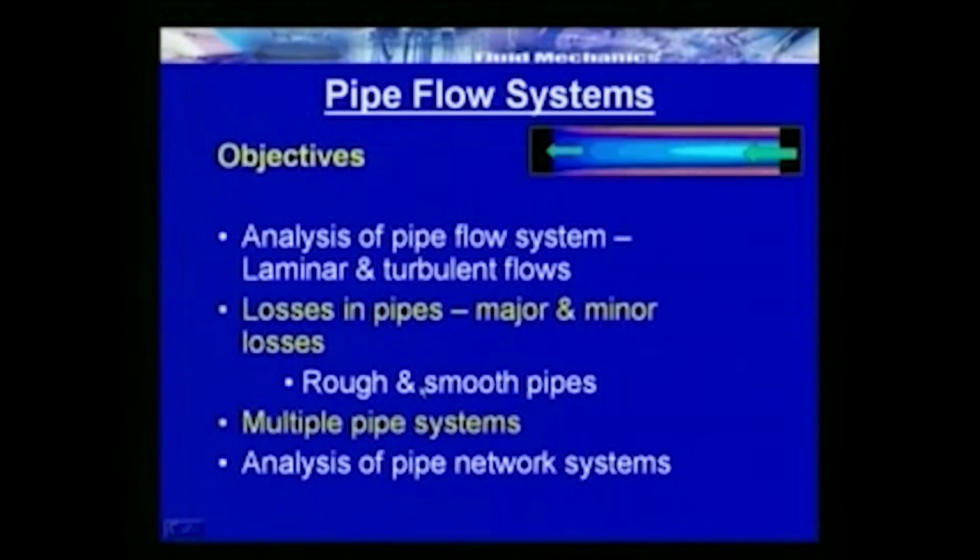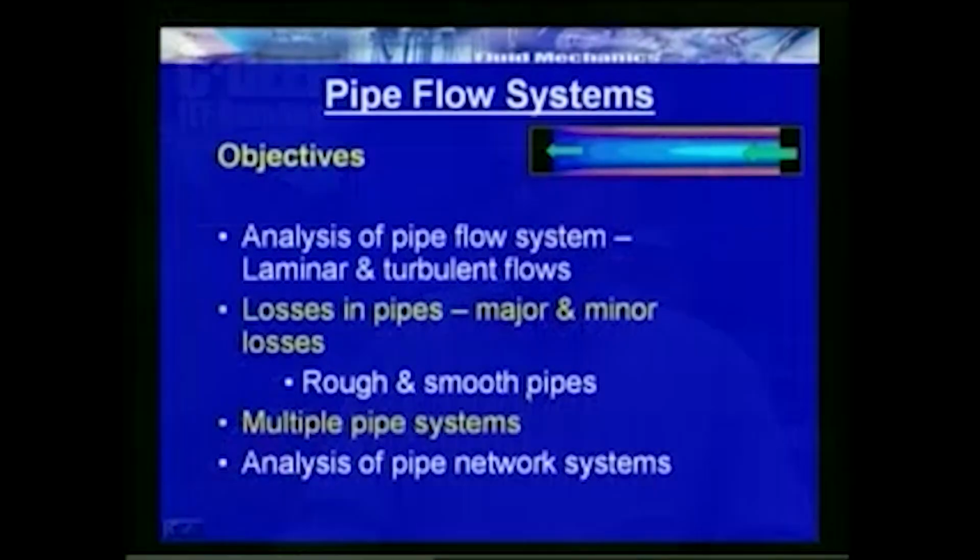So, with this pipe flow system in mind, the main objective in this chapter is the analysis of pipe flow systems. We will be briefly discussing laminar pipe flow and turbulent pipe flow. Earlier we have already seen some aspects of this, but we will discuss more about laminar and turbulent flows in pipe systems, and then the losses in pipes, major and minor losses.